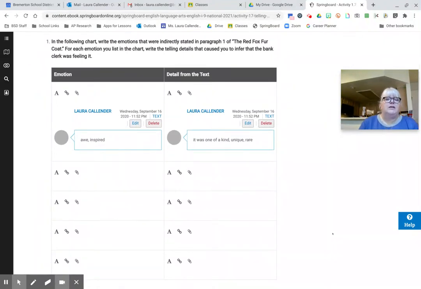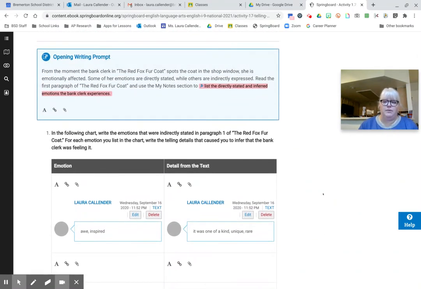Number 1 asks you to complete a graphic organizer about the details that are implied in the opening paragraph, not the ones that are directly stated. In the opening writing prompt, you looked for both. You looked for all of her emotions, some of which were directly stated, she felt this way, and some of which you had to infer from other descriptive language and telling details.